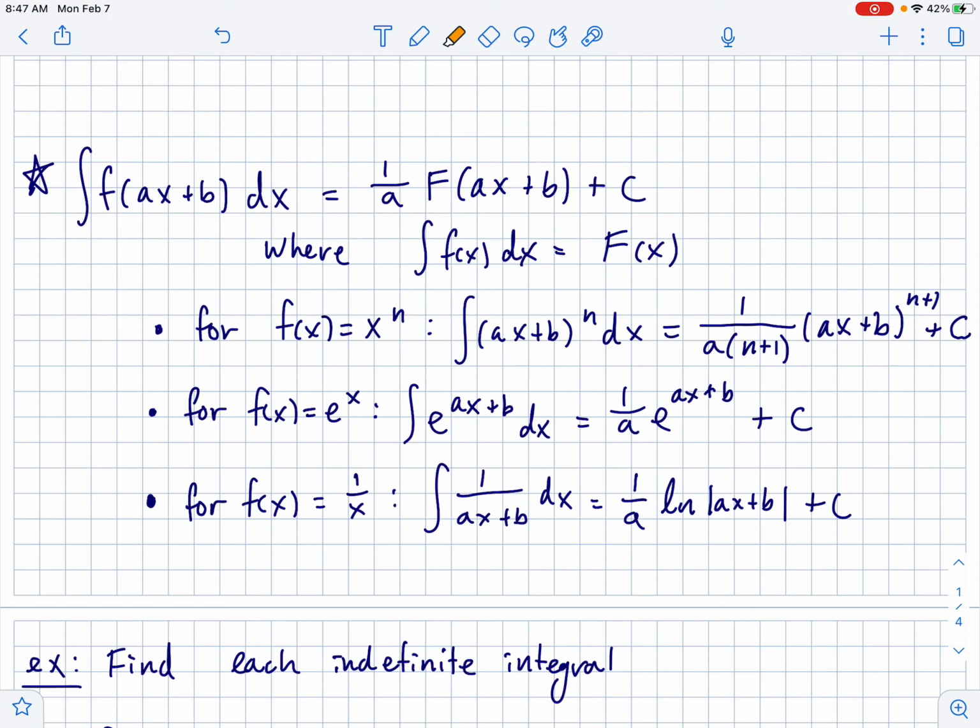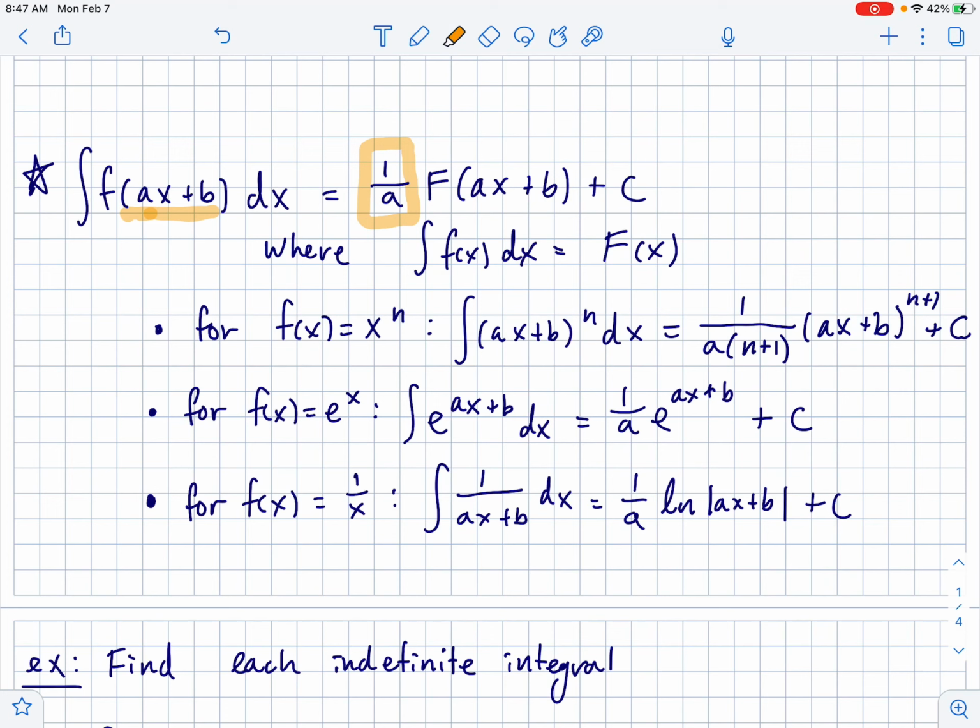Here's that extra little step. You do things as normal, but you have to put a 1 over a in front. Notice that a is the coefficient in front of the x inside, the linear inside function. So you're still taking antiderivatives the same way, putting 1 over the power plus 1 in front of it and adding 1 onto the power.